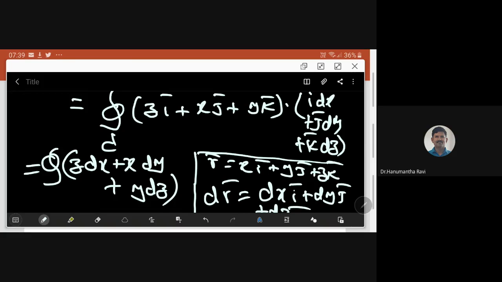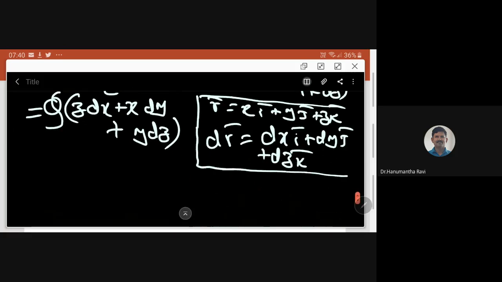You need to convert this into a single integral. That's what I told you: how can we evaluate line integrals? We can evaluate line integrals by converting them into single integrals or double integrals. But we are going to convert this into a single integral.